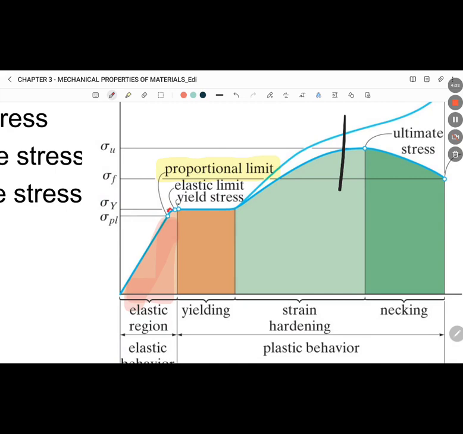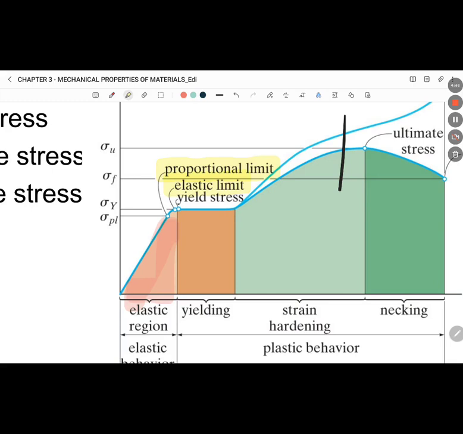This continues until the stress reaches the elastic limit. Upon reaching this point, if the load is removed, the specimen will still return back to its original shape.